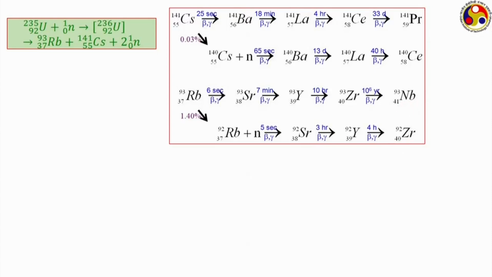If we just consider the first line for both cases, that is this line for cesium and this line for rubidium, then because of the fission of uranium-235 we are getting rubidium-93 and cesium-141 as the fission fragments. Its fission products will include several other possible isotopes, and it is most likely the final one will be this one, and also there will be several electrons produced, like in the first case there are 4 beta decays and also the same in the second case.